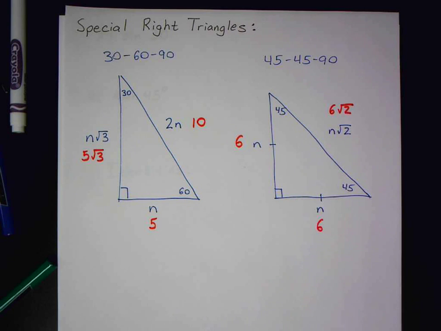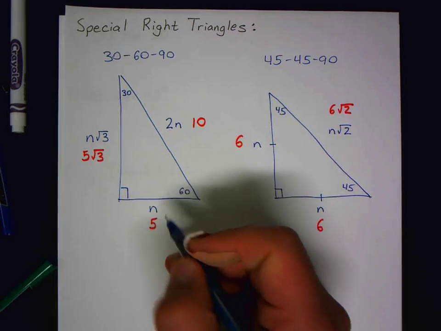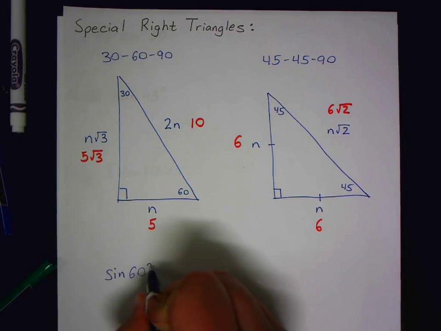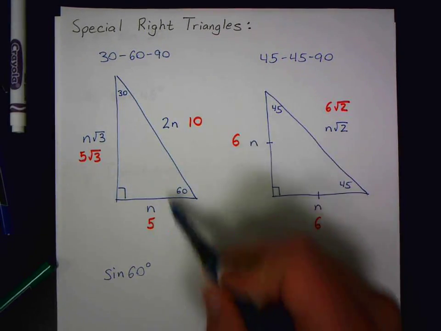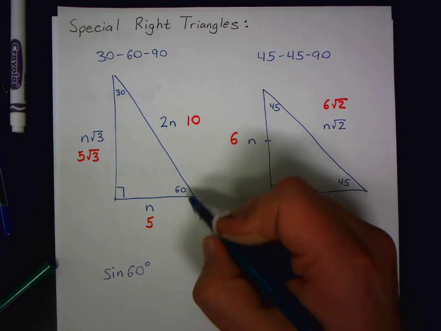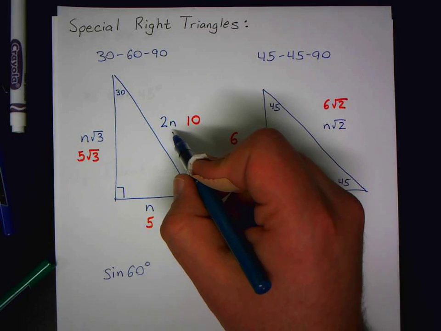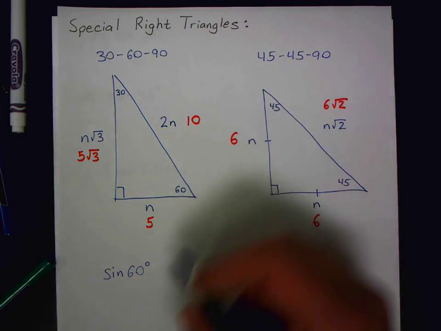So no matter how big the triangle is, for that angle, the ratio is going to be the same. So if I take sine of 60 degrees, it doesn't matter how large this triangle is, because sine of 60 degrees is always opposite over hypotenuse.